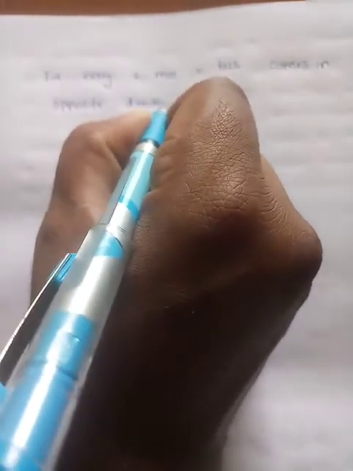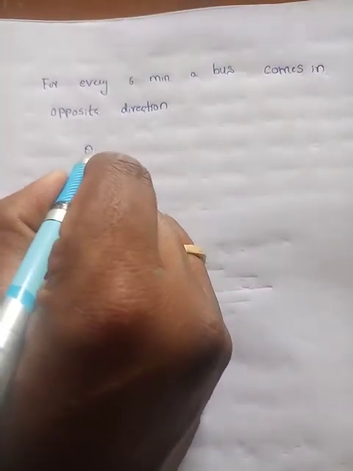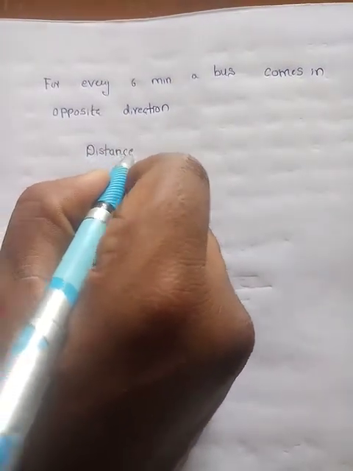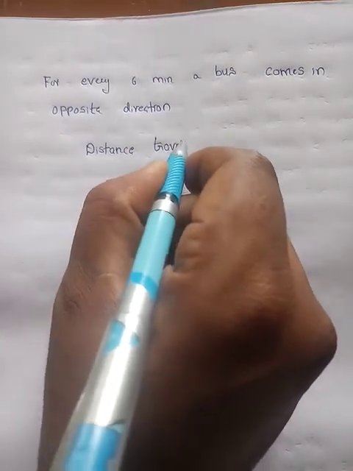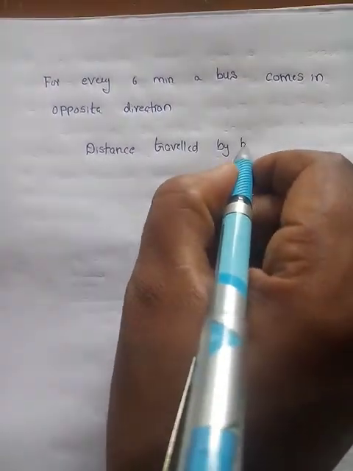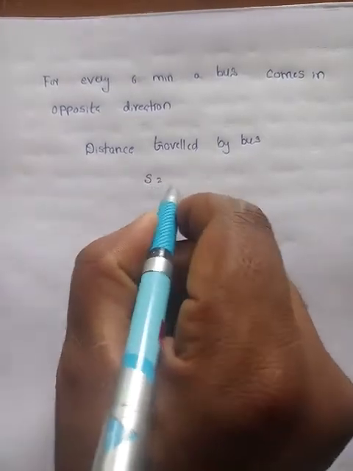Now, we can apply the same condition for the opposite direction. Every 6 minutes a bus comes in the opposite direction, right? So, for every 6 minutes a bus comes in the opposite direction, the distance travelled by the bus is S equals velocity times time.